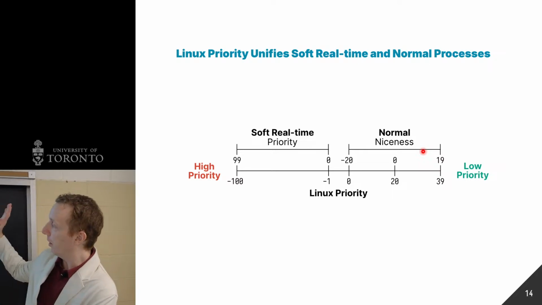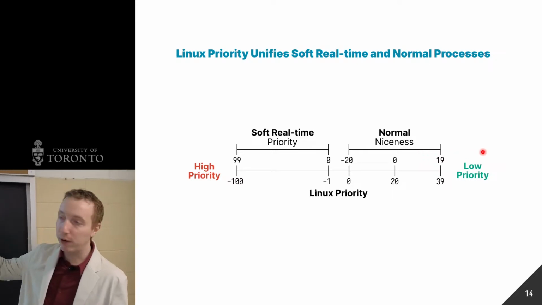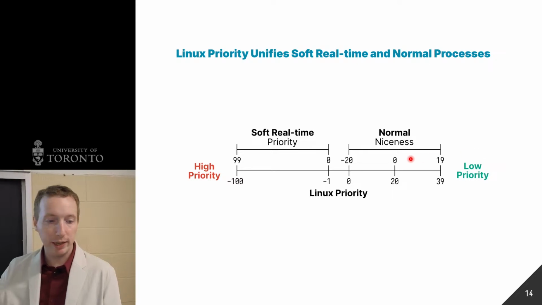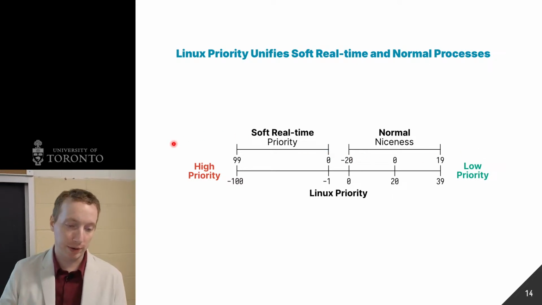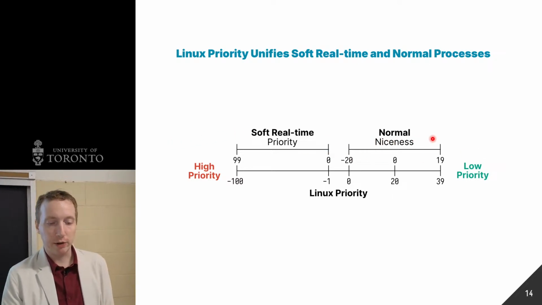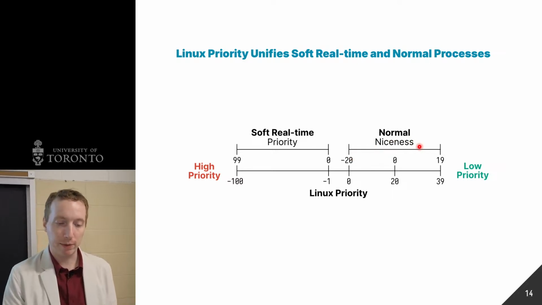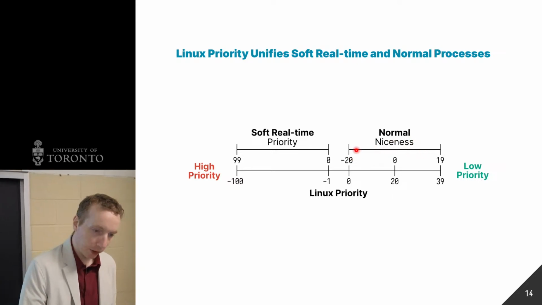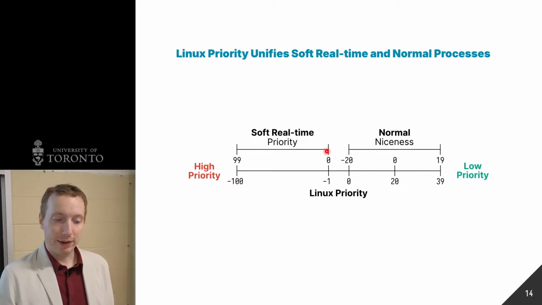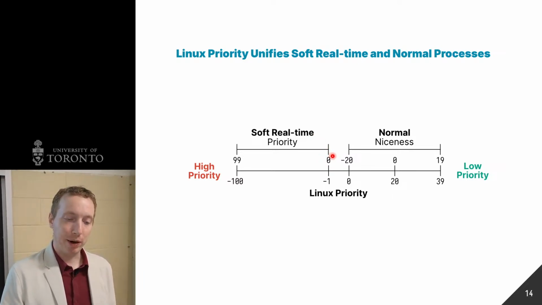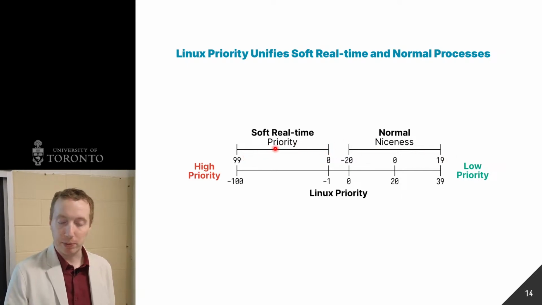And always for this, low priority is towards the right, and high priority is towards the left. So these are our normal processes ranging from -20 to 19. When I had soft real-time processes, the priority was 0 to 99, where 0 meant lower priority and 99 meant higher priority.